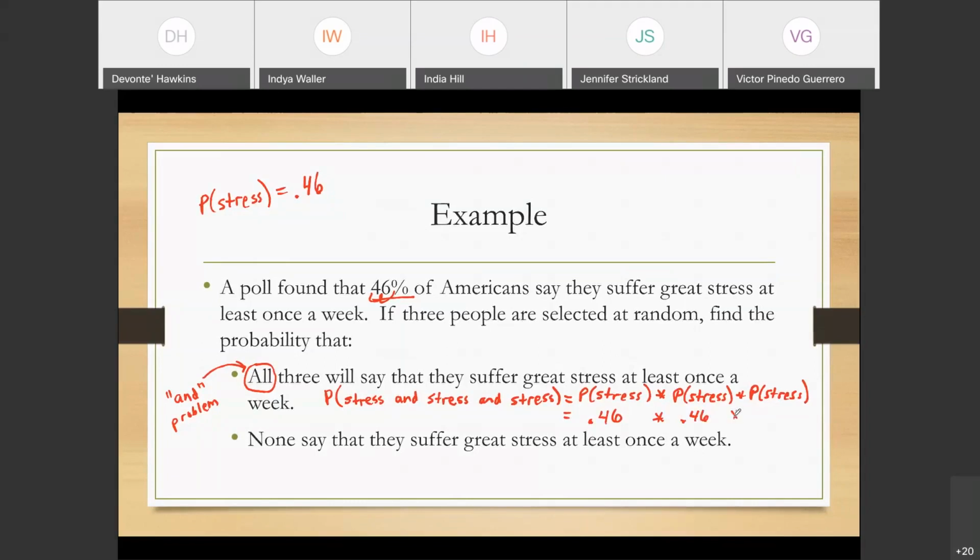And the probability that the third person is stressed is 0.46. Now I'm going to multiply those three numbers together. More than likely you're going to be asked to do 2 or 3 decimal places. I'm going to do 3 here because the first one's a 0. So I get 0.097 when I do that on my calculator and round to 3 decimal places.